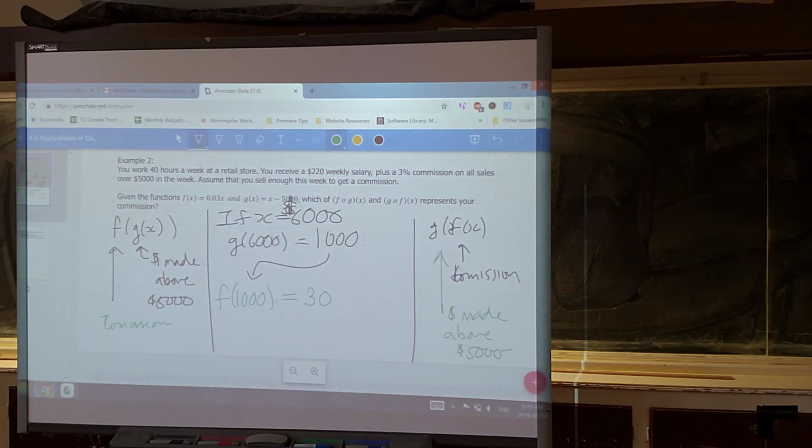On the flip side, let's entertain the thought of reversing the functions.